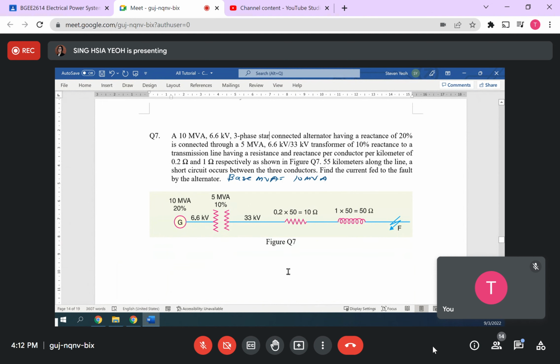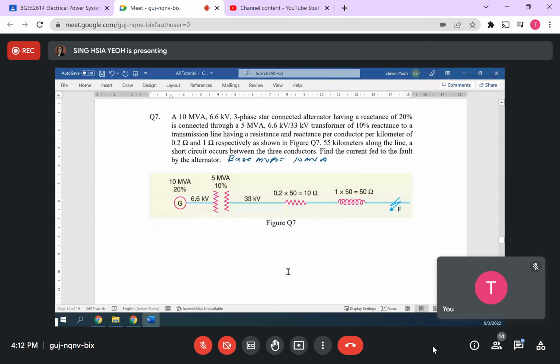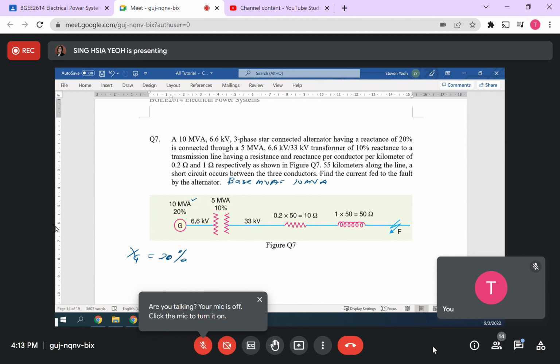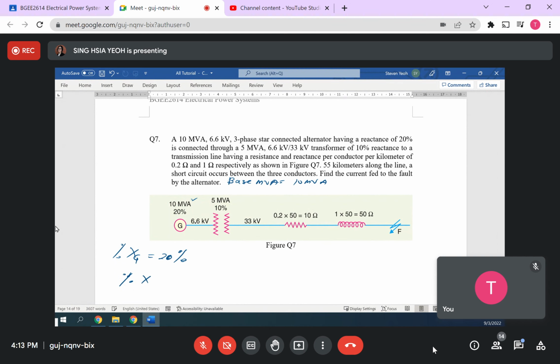So first of all, we need to make all the percentages standard using 10 MVA. So this 10 MVA 20%, okay. So percent XG 20%, no problem because it follows 10 MVA, right? Then percent X transformer.